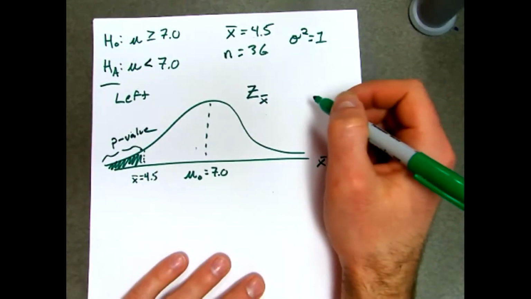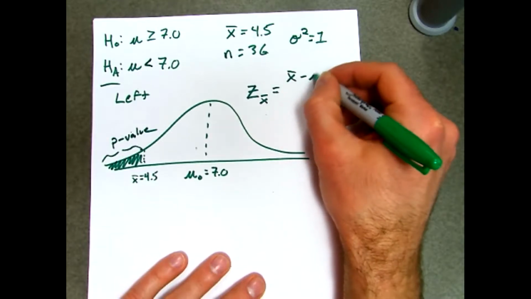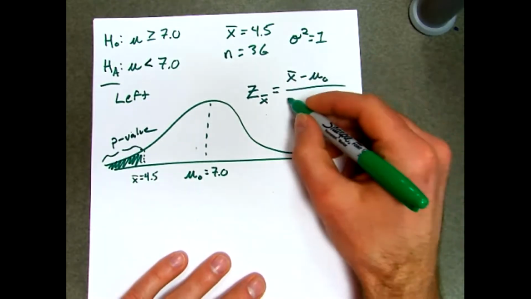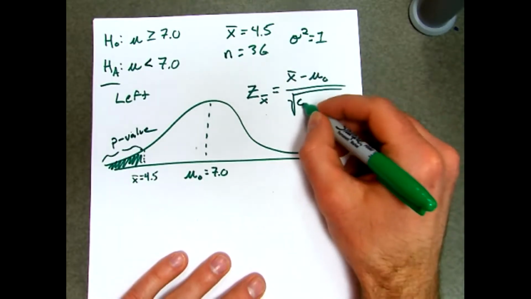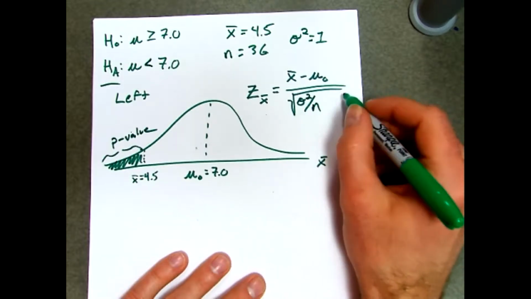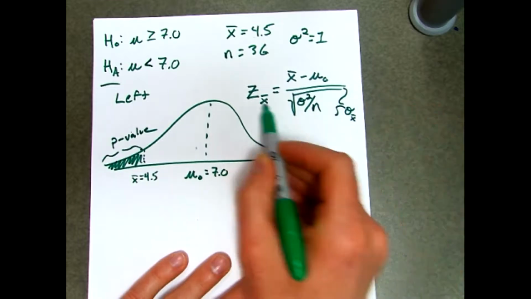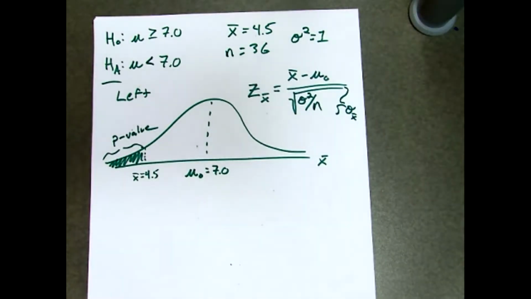The next step is calculating the z statistic. We take the sample mean, subtract the assumed true population mean, and divide by the square root of the population variance over our sample size, which remember, this denominator represents the standard deviation of the statistic we were looking at.